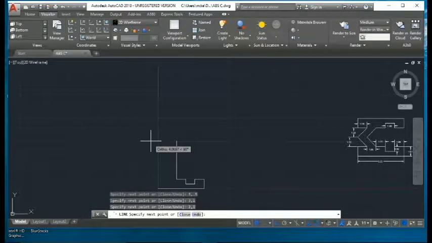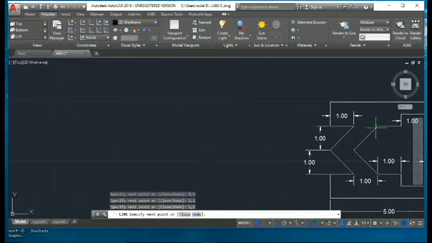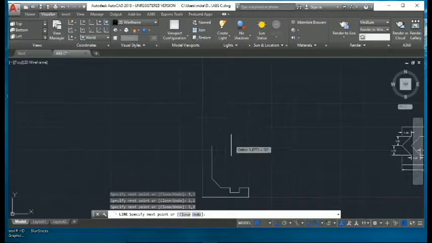So type 1, 2, enter. The next point is this point. The horizontal distance will be 2 and the vertical distance will be 3. So type 2, 3, enter.